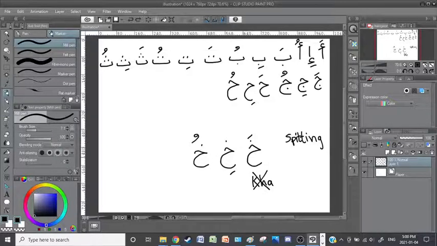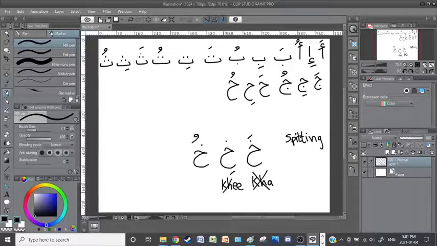Remember, it is a heavy letter, so the sound with the fatha will be heavy as well. And for most of the letters so far, the letter with the fatha is the same as the letter's name. Kha with a kasra is Khi, and this time it is not heavy because it has a kasra. Normally, heavy letters tend to be slightly lighter or softer with a kasra. The most prominent difference you will hear is in Kha, Khi.